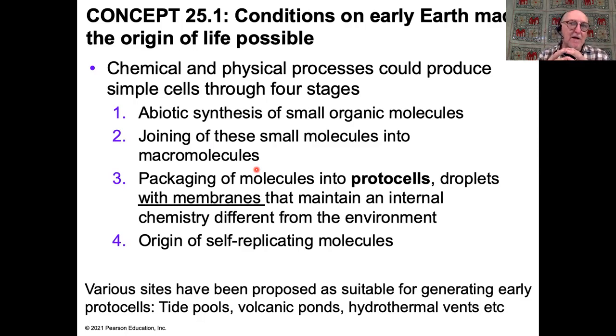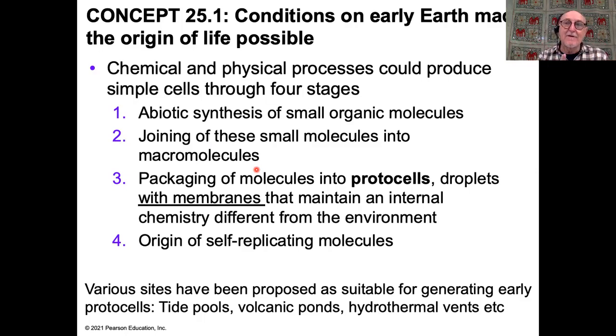And the living cell has to be able to replicate. It has to be able to replicate, and it has to be able to accumulate information about life processes and transmit that information to its progeny. That is a huge step.